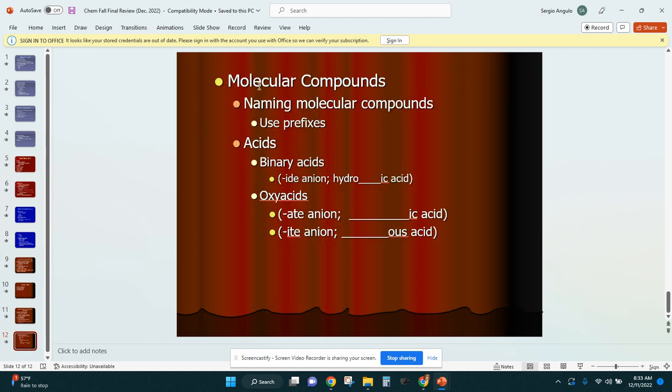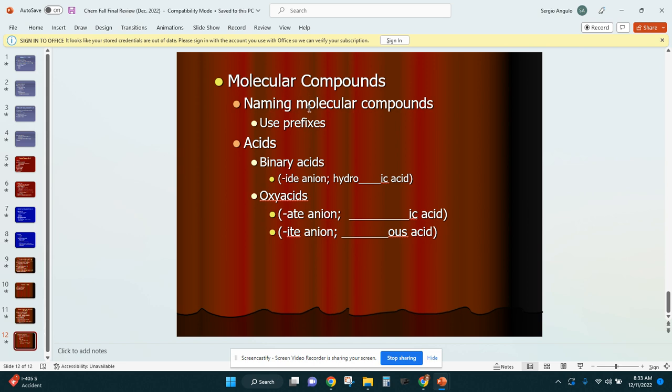Then the other type of compound, molecular compounds. You should be able to name the molecular compounds. This is the one where we use prefixes. Remember, we could have a different proportion of element to element in a molecular compound, so we need to use the prefixes to tell us how many of element 1 versus how many of element 2.